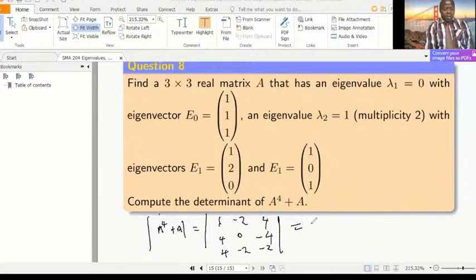But now the determinant is 0. That's all the question wants. So at your own time, you can do it slowly and see how to get that. But I've already shown you what you need to do.